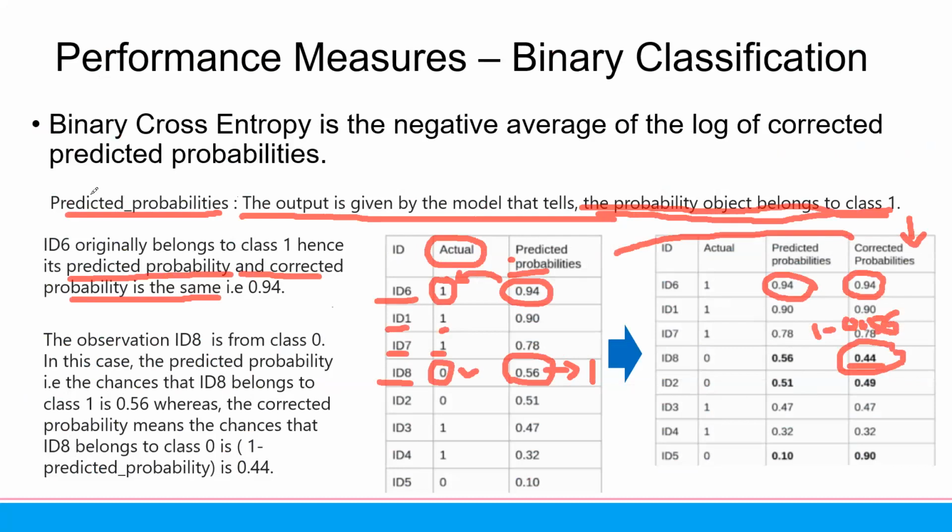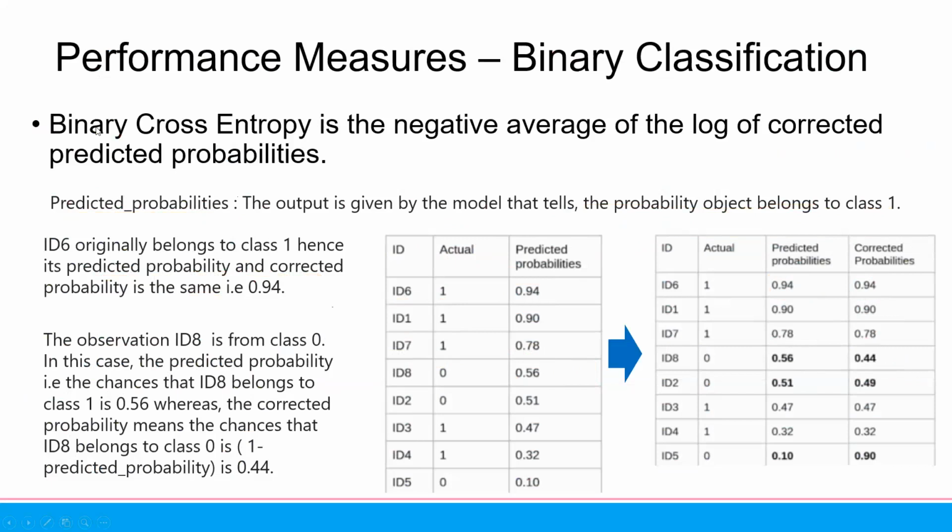Let's see another example, ID2. The actual is 0. The predicted probability is 0.51, and we know this predicted probability is the probability the object belongs to class 1. Then we need to correct the probability because the actual is 0.